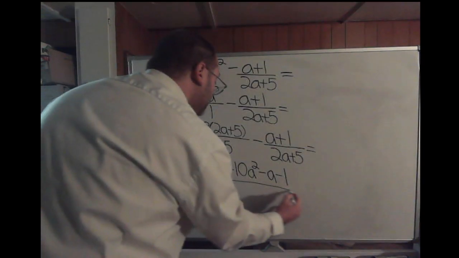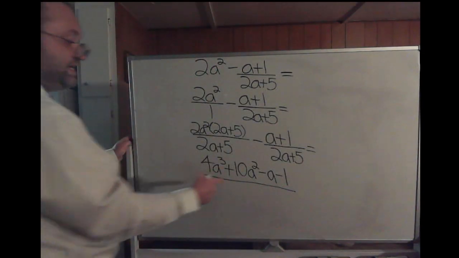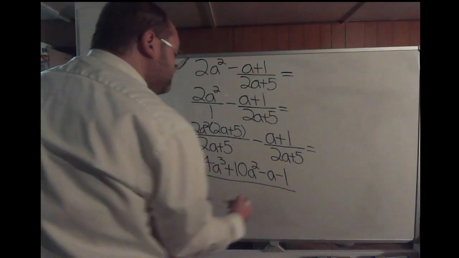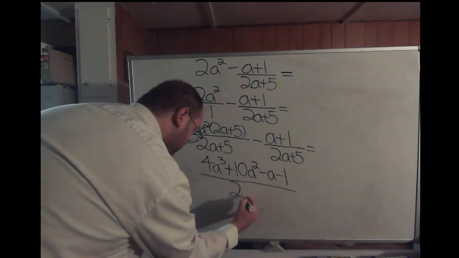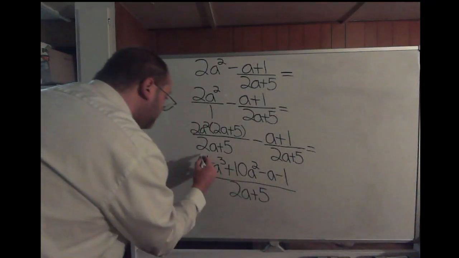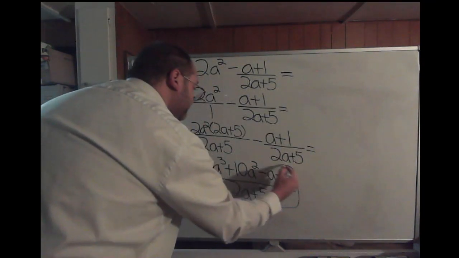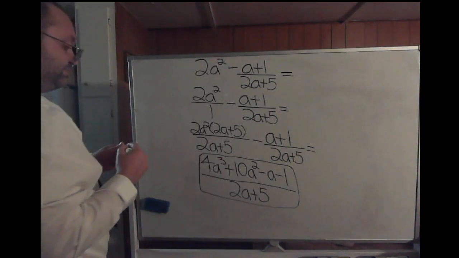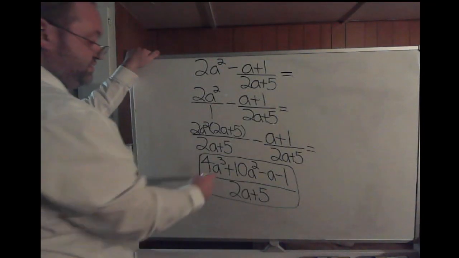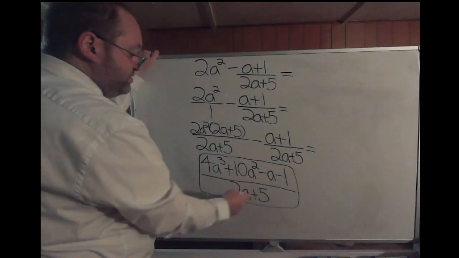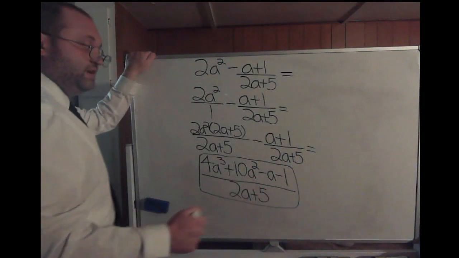You would end up getting 4a to the third plus 10a to the second minus a minus 1 all over 2a plus 5. And that really doesn't simplify any further. So your answer is 4a to the third plus 10a to the second minus a minus 1 all over 2a plus 5.